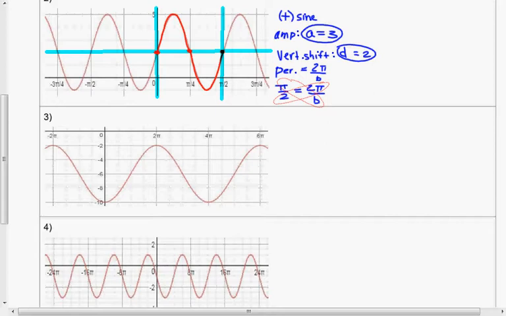Pi times B, and then 2 pi times 2 gives you 4 pi equals pi times B. And so to solve for B, divide by pi on each side. And 4 is equal to B, or B is equal to 4.